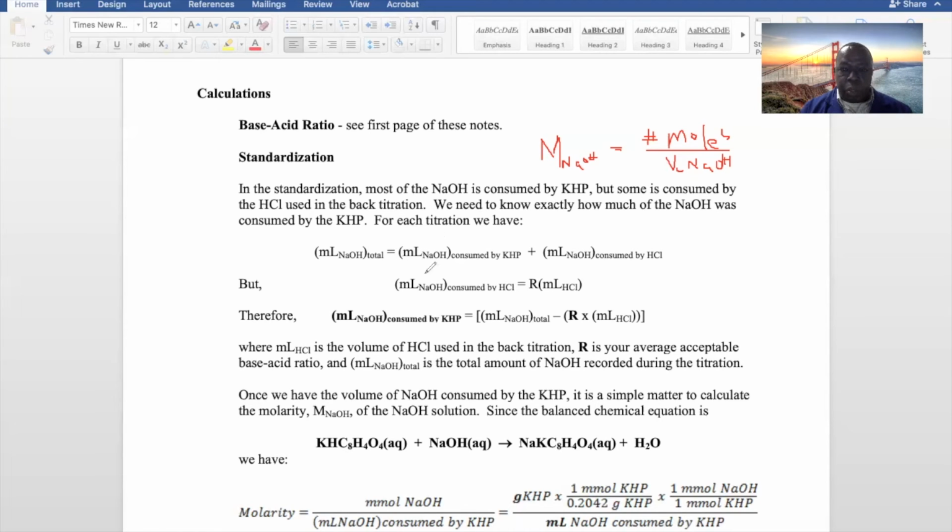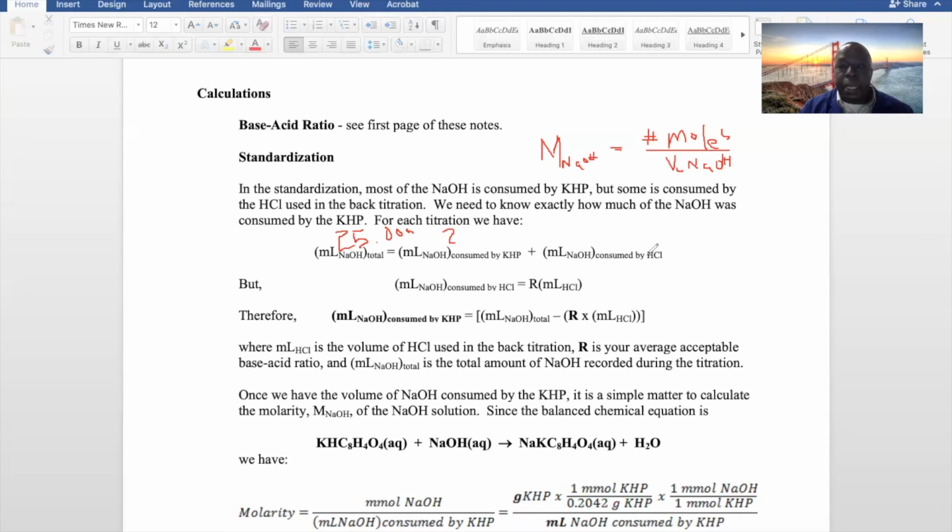To get the ml consumed by KHP, we need to rearrange. I had 25 here for over-titrated ml, and then this is the question mark we are looking for. This is the one I used to back titrate to colorless.